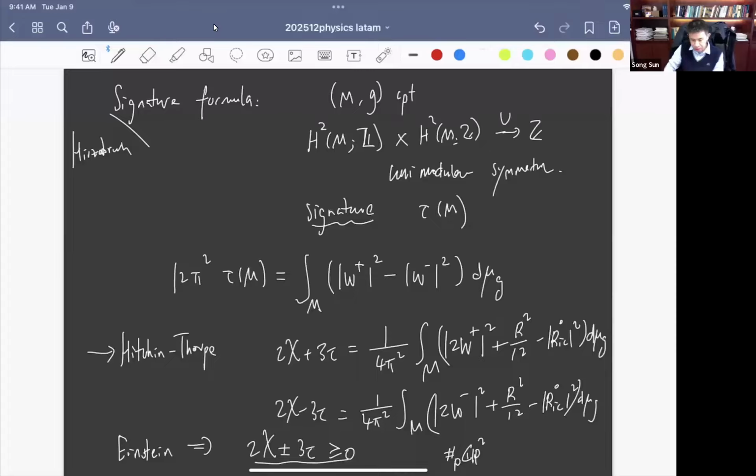So when you connect sum, the signature just adds together, and for the Euler number, essentially when you do the connect sum, the second homology adds together, but the 0 and the top homology do not change. So when you have p CP2s, then tau will grow linearly in p, with coefficient 1, right? The chi is also like p. And then it will violate this inequality, because 2 chi has to be bigger than 3 tau.